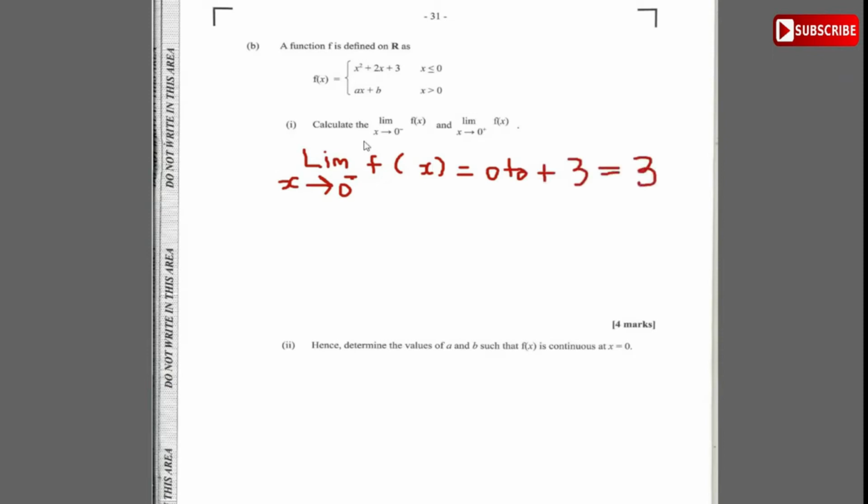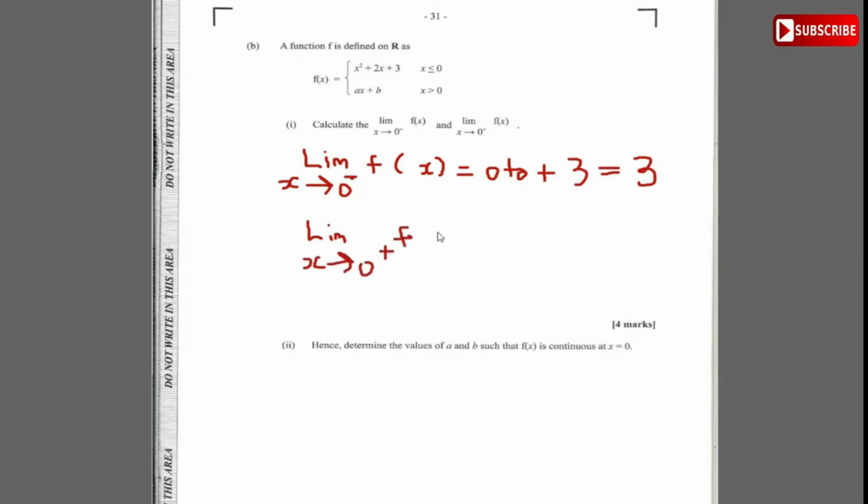All right, now it says find the limit from the right. The limit from the right is when x is greater than 0. So the limit from the right-hand side, when x is positive, of the function f of x.